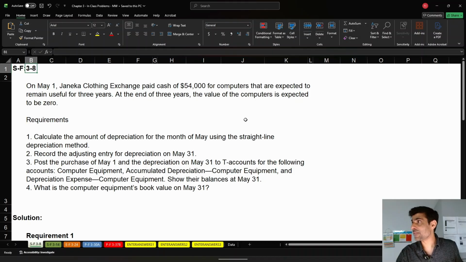So I'm giving you a hint, emphasizing monthly, not yearly, monthly. Okay, so you have to convert a yearly number into a monthly number. So think about how you're going to do that. And then record this adjusting entry at the end of the month. Okay, so take a minute, see if you can do that, and we'll do it together in a second.